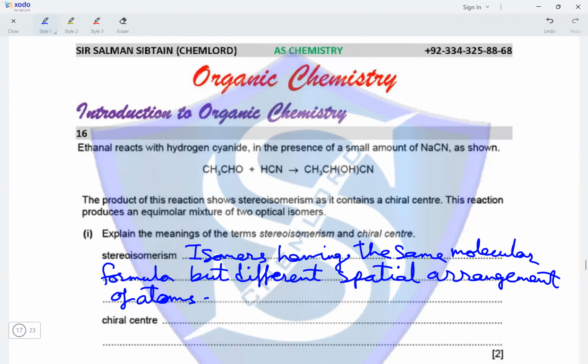Spatial arrangement means arrangement in empty space. So they have the same structure as well, but different spatial arrangement of atoms.